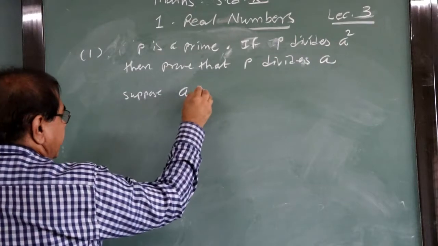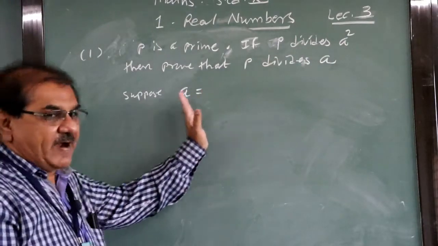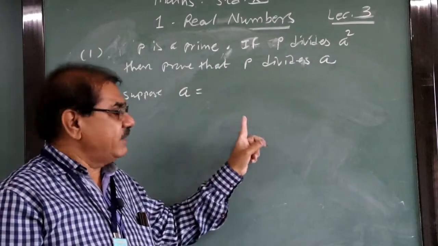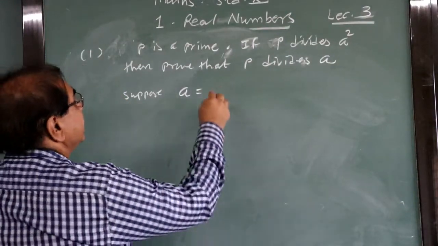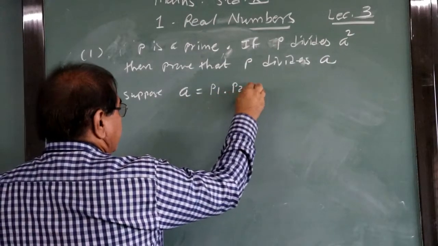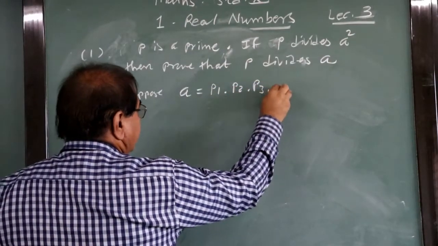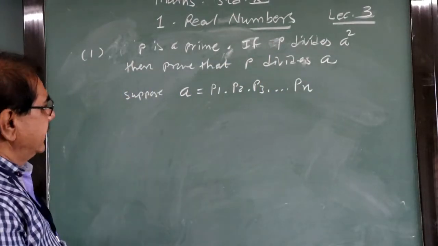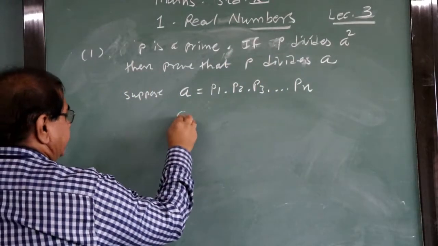that A is a number and its prime factorization, as per the fundamental theorem of arithmetic, gives some factors like P1 into P2 into P3 into up till Pn, okay? It is a number. So what is A square?